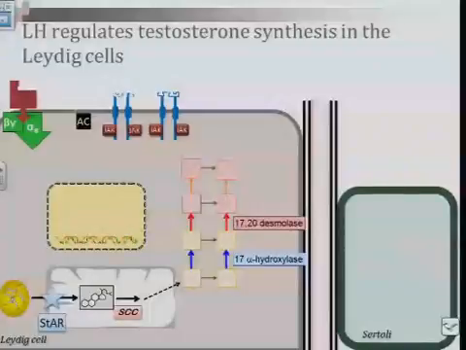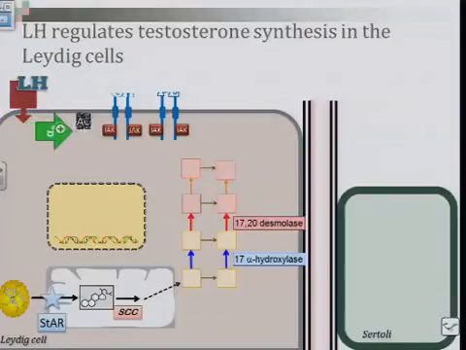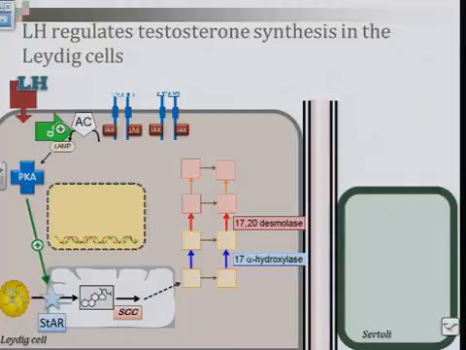So LH regulates testosterone synthesis in the Leydig cells. It's a G-alpha S-coupled receptor. It activates adenyl cyclase, giving active protein kinase A. Protein kinase A directly stimulates steroid acute regulatory protein.